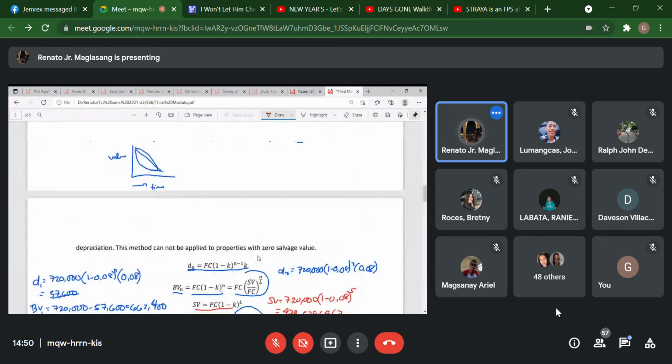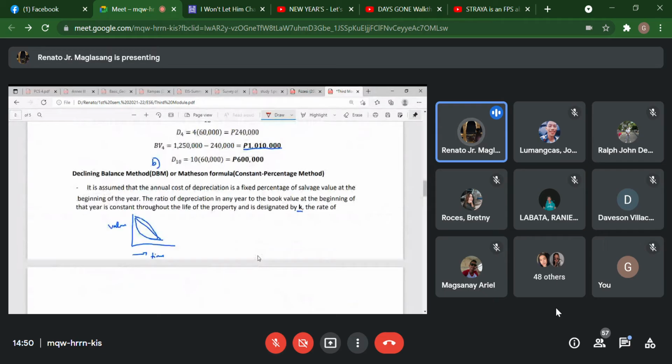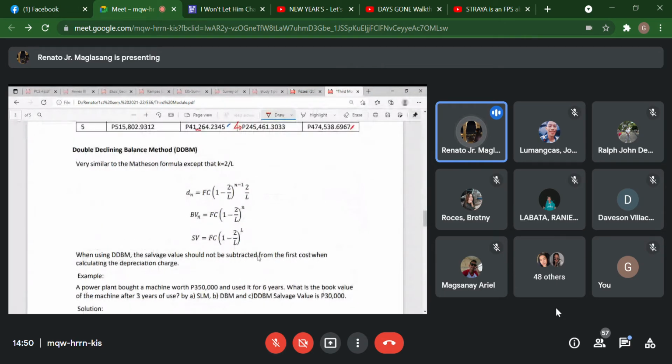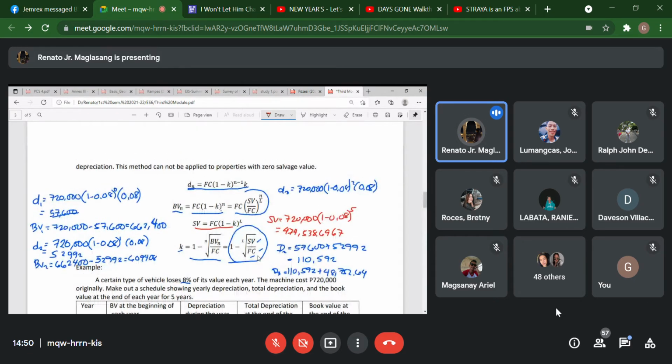So again, that is for the declining balance method. For the double declining balance method, everything is the same for the Matheson formula except that the value for K is equal to 2 over L. So if you notice in the formula, everything is changed.